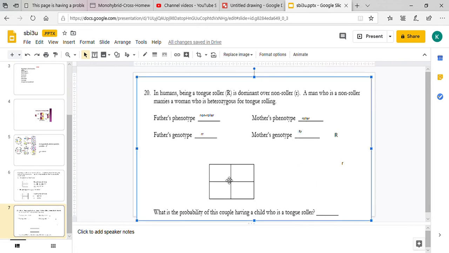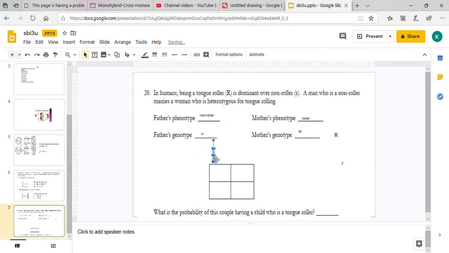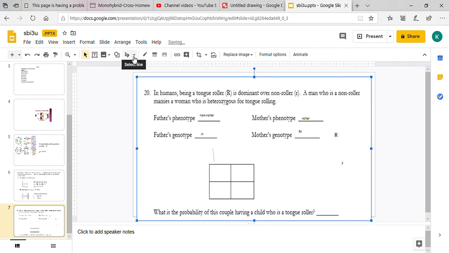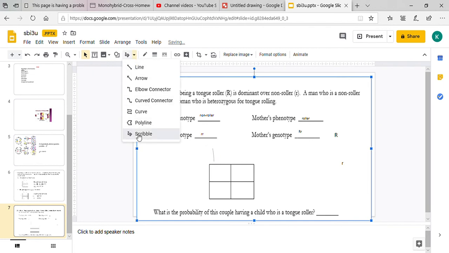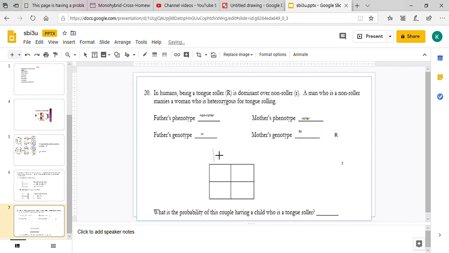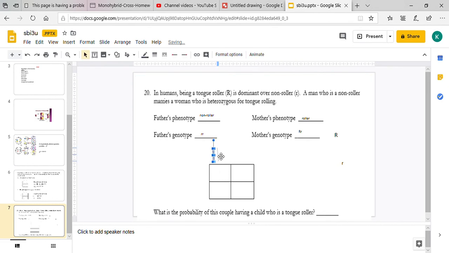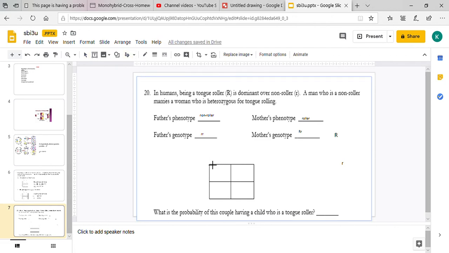Now, if you're to complete this Punnett square based on the information given to us, we'll put the mother's alleles here.